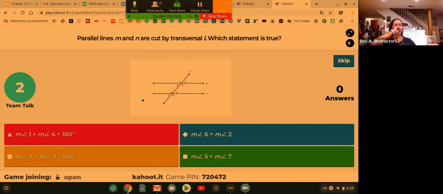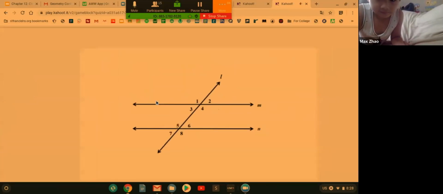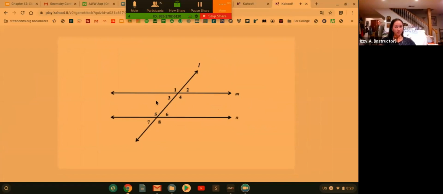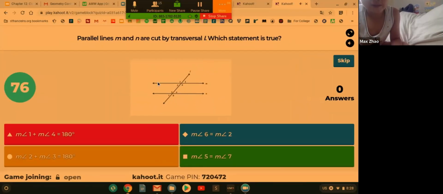Okay. Parallel lines, I'm sure, because I'm really good at math. Can you maximize the picture? Yes. There we go. Okay. So 1, 2, 3, 4, 5, 6, 7, 8. Angle 1 equals 5, 2 equals 6. Which statement is true? I would choose all of them, but I'm not sure.